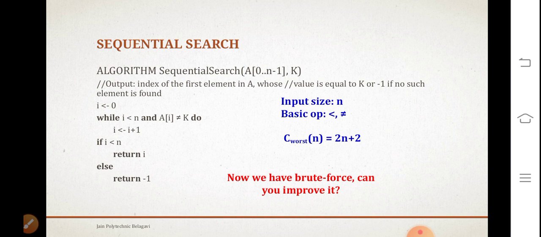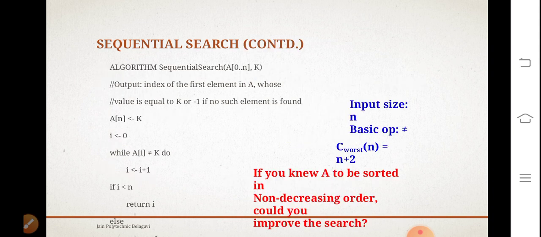And now we have brute force, can you improve it? That is the question I'm going to ask you people. Here, if you knew A to be sorted in non-decreasing order, could you improve the search?